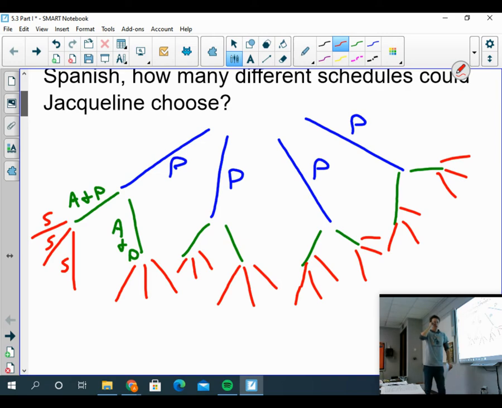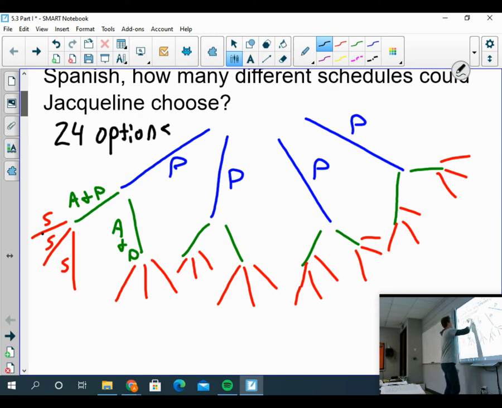And when we finish making our tree diagram, if we sum the amount of bottom branches, you get the total amount of options in your sample space. So 1, 2, 3, 4, 5, 6, 7, 8, 9, 10, 11, 12, 13, 14, 15, 16, 17, 18, 19, 20, 21, 22, 23, 24 different options.